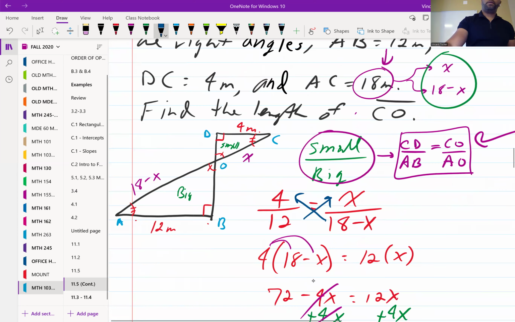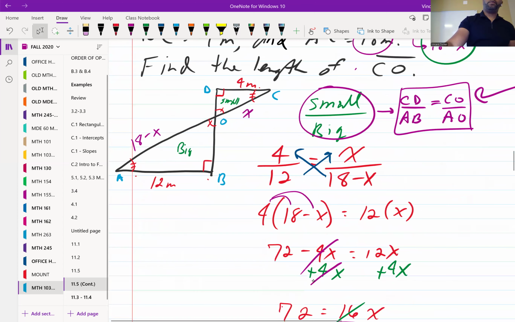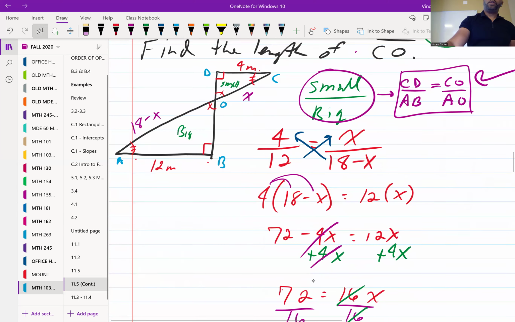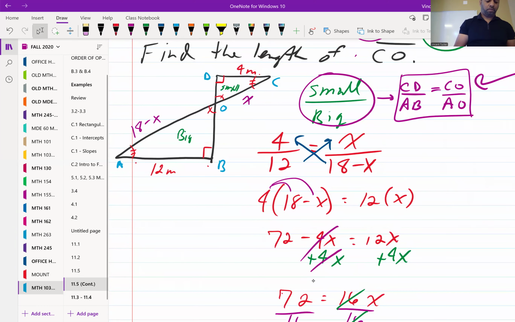All right, so from there, solve. Distribute: 4 times 18 is 72 minus 4X equal to 12X. All right.